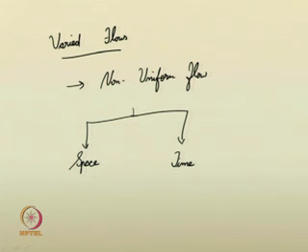In hydrology courses, one might have already studied distributed flow, lumped flow and all. So, we will see according to our course structure how to study these non-uniform flow mechanisms, how the flow may vary with respect to space, time, or both.